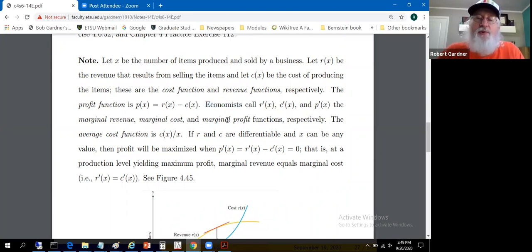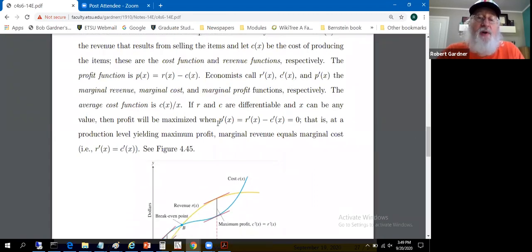So economists use the word marginal for derivative, but they're just derivatives. That's the verbiage. I just introduced this so you'll have exposure to it. The average cost function is the cost function divided by x, the number of items produced and sold. So it makes sense. You take the total cost and divide it by the number of items involved.